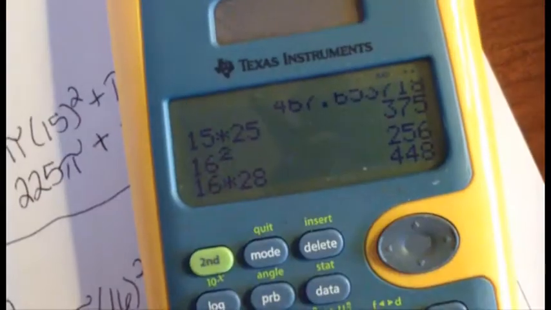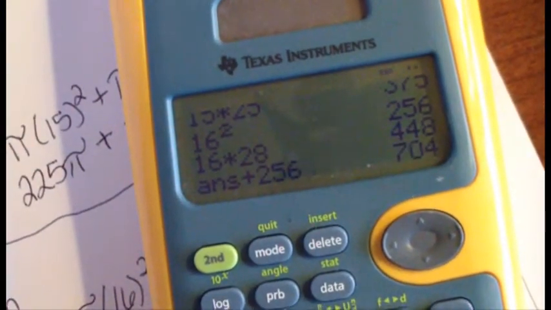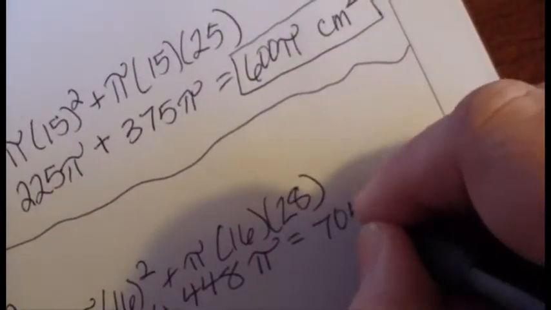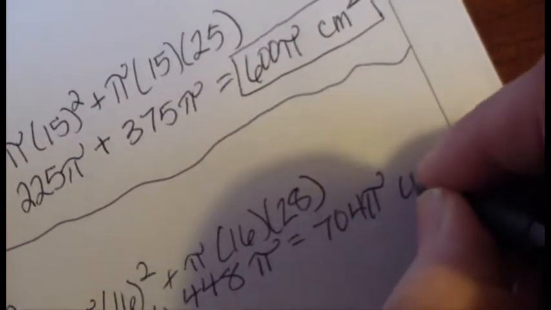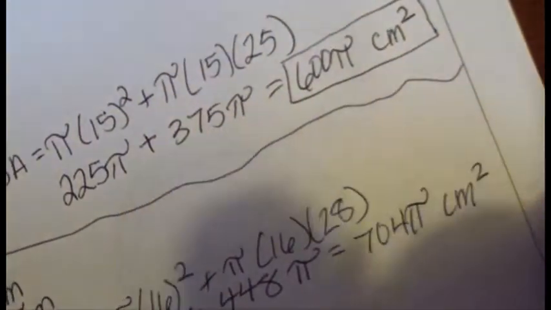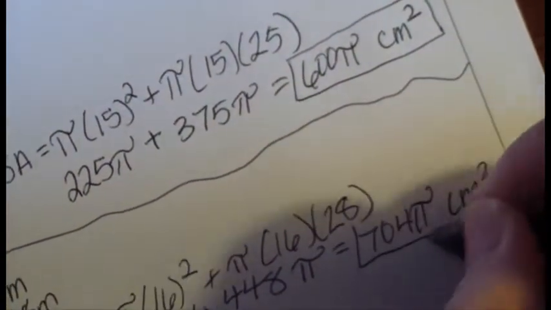If you add those together, you get 704 pi. So our surface area for our cone is 704 pi meters squared.